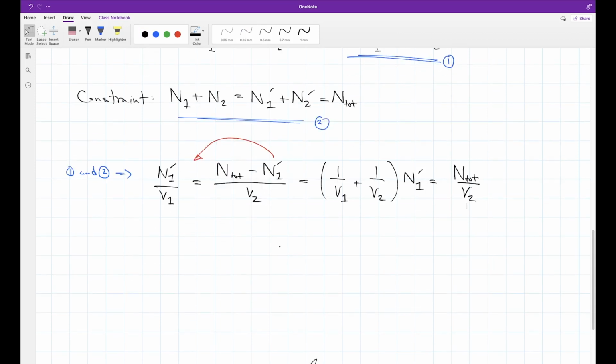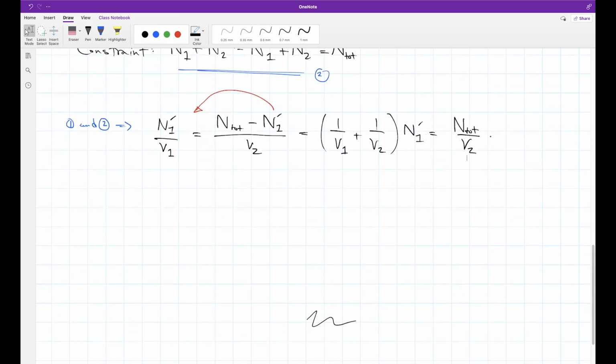All right, let's keep going with this. So we're going to need to combine the denominators in this term in order to be able to work with it more easily. So the common denominator is going to be V1 times V2, and we'll get V1 plus V2, or V total, in the numerator.